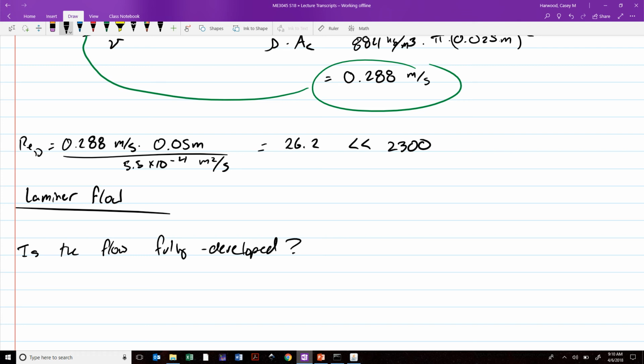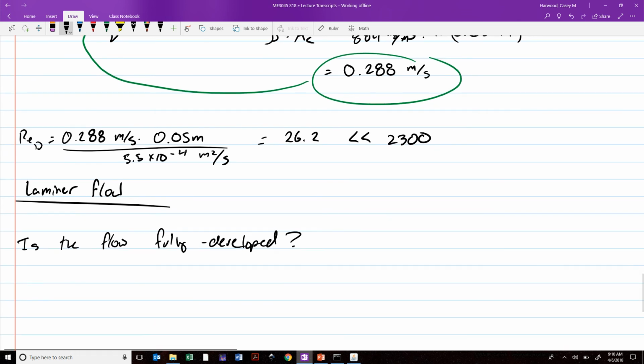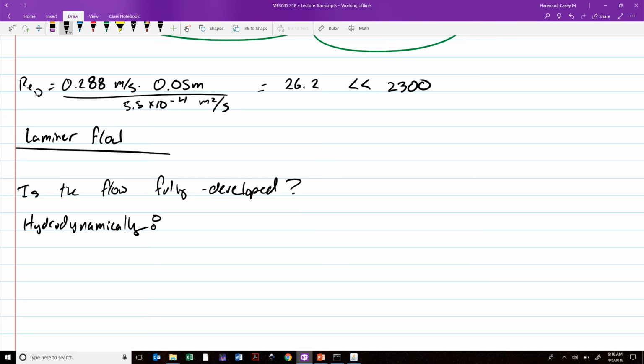So remember, for hydrodynamically fully developed flow, we had that relationship that said x_fd,h is approximately equal to 0.05 times the Reynolds number times the diameter, which works out to about 0.0655 meters.